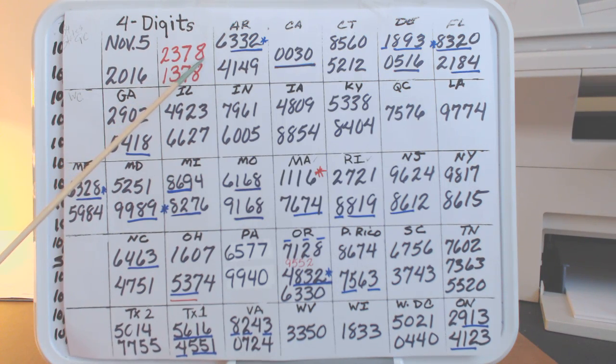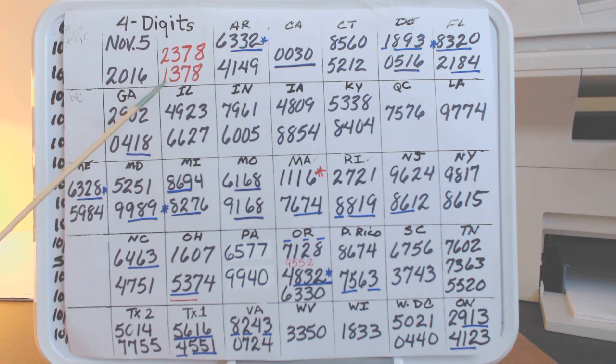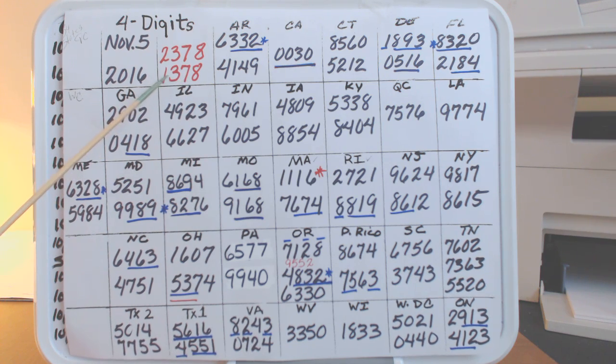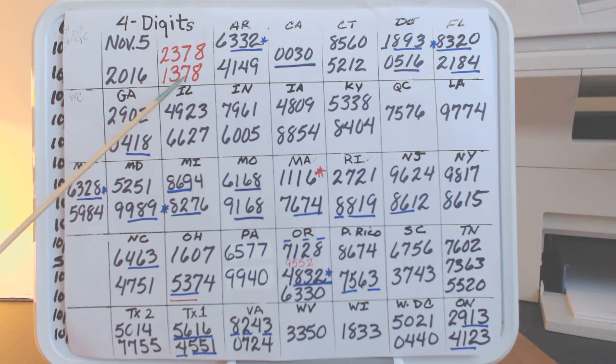Now, when you have a number like this in your drawings, you have 1, 3, 7, and an 8. The first 3 digits are 1, 3, and 7. This would be a primary number. And the last part, 3, 7, 8.